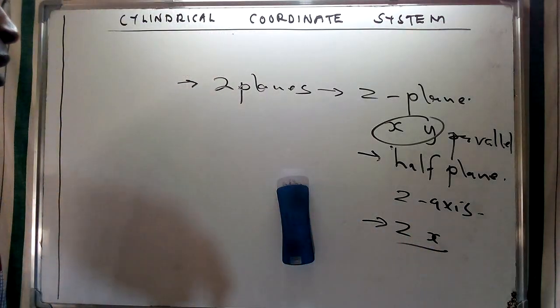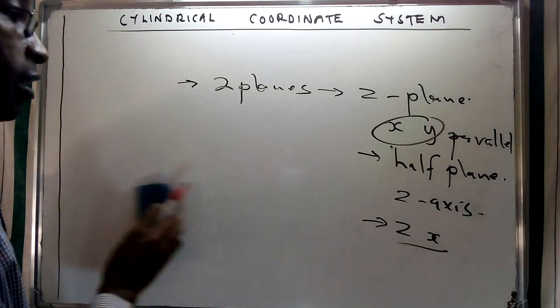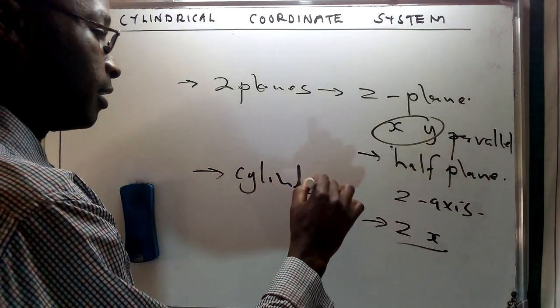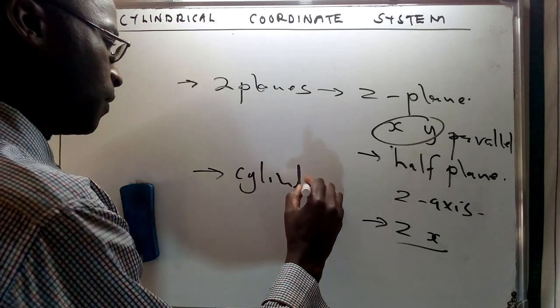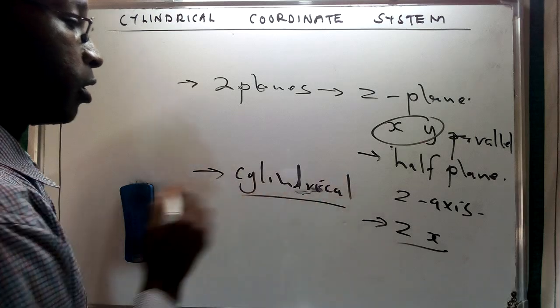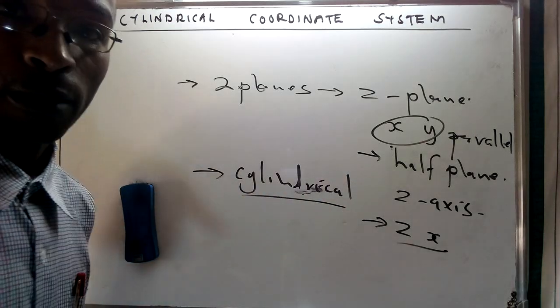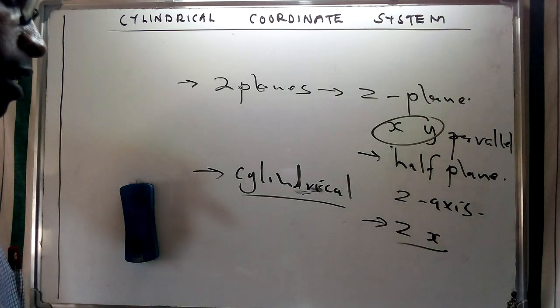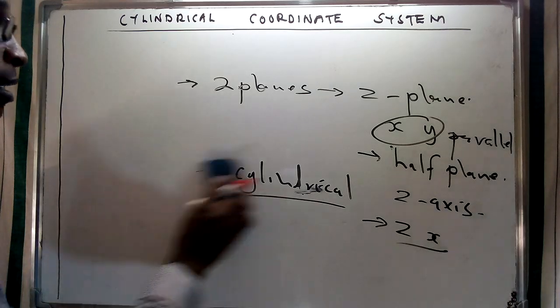So basically these are the three parts which are going to be used in trying to define this specific set of what we refer to as the cylindrical coordinate system. So there's also going to be a cylinder that's going to be involved in this particular case, which is going to form what we refer to as an axis with the Z axis in this specific case.